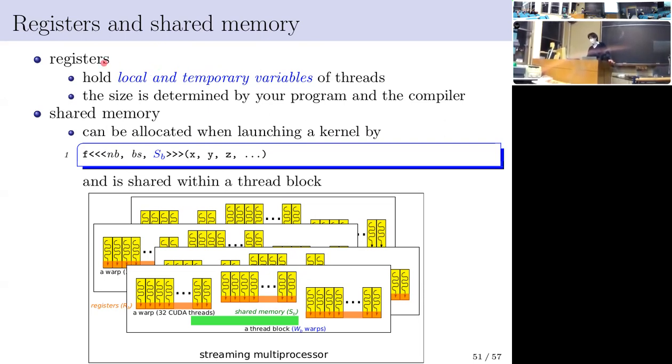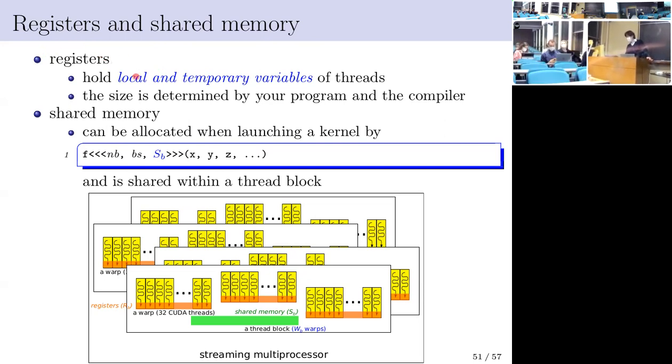This is typically done by storing values in registers. And how many registers each thread needs is determined by your program, but more by the compiler, how the compiler translates your program into machine instructions.